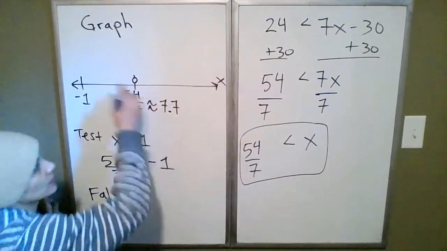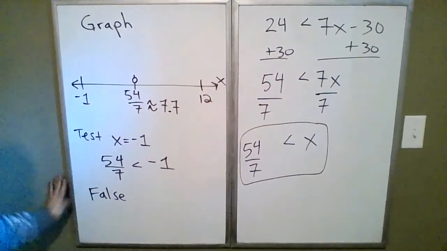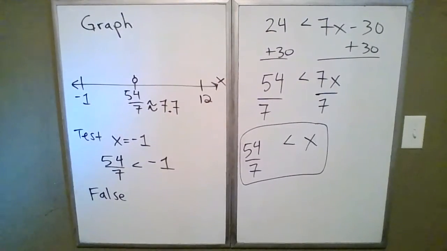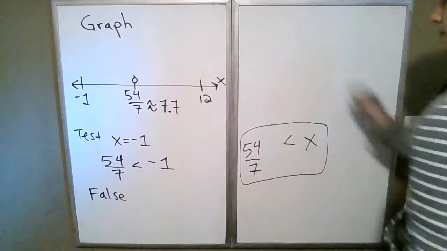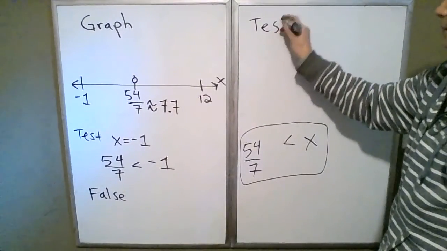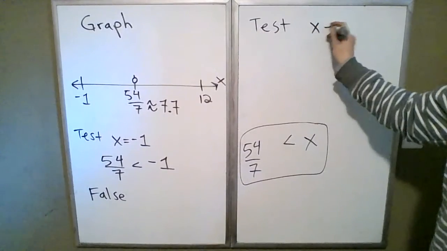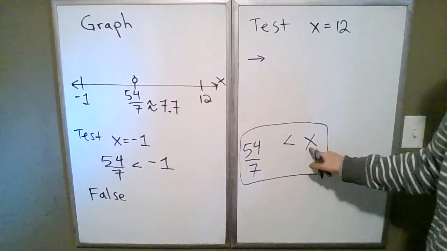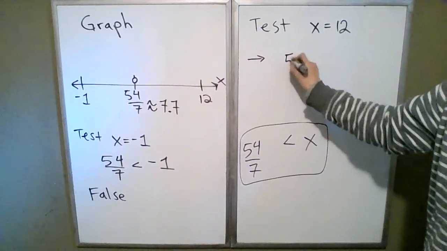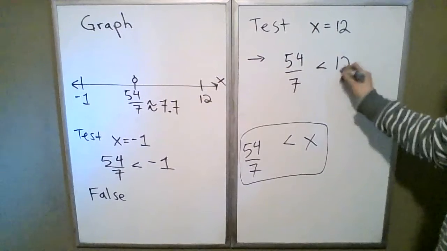Some number like, let's go with 12. Putting that right there, 54/7 less than 12.